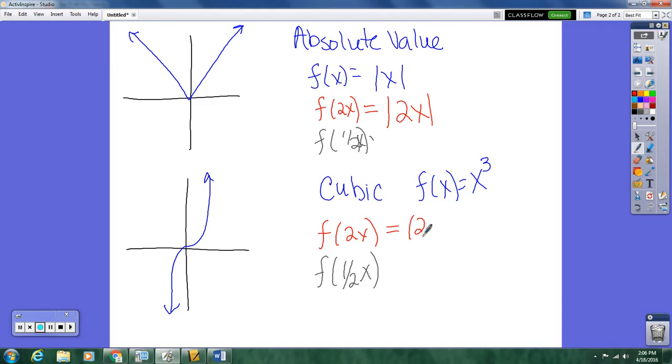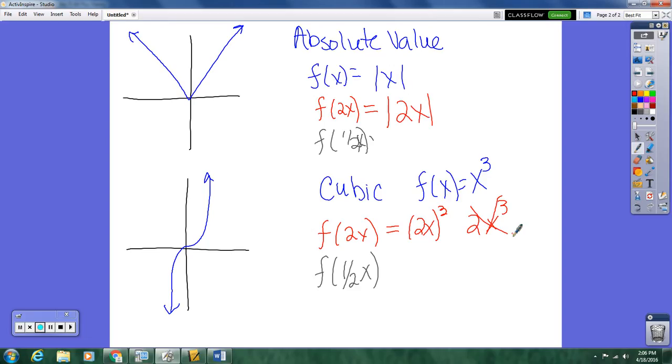So this is what you're doing. 2x to the 3rd. Those two equations are very different. This is the one you want. This is not the one that you want.